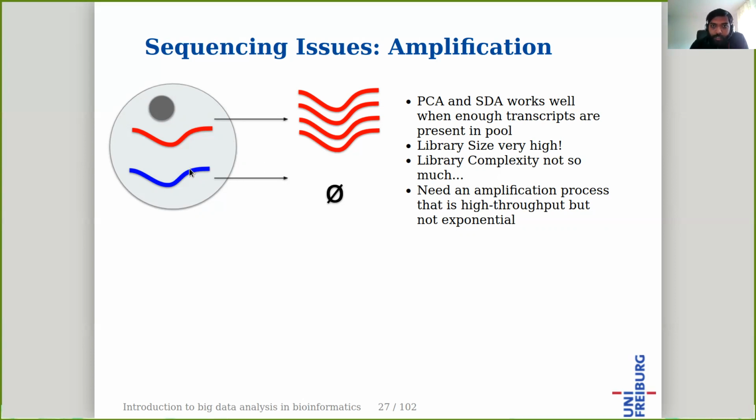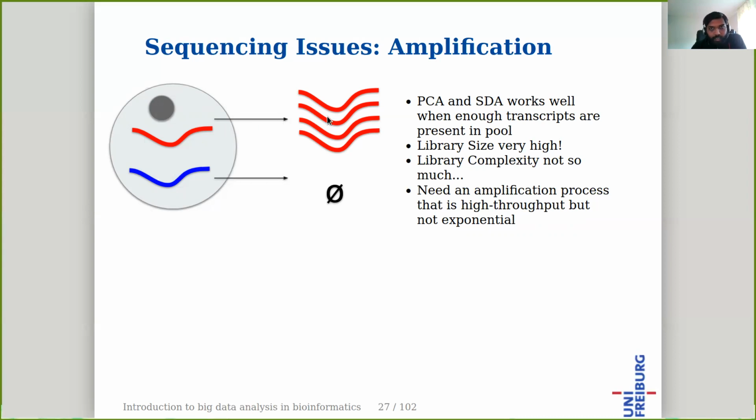So here's an example. Let's just assume that you have a cell with one transcript each. One transcript is really low because you don't have multiple copies of the transcript. The problem arises when you have such a low number of transcripts.